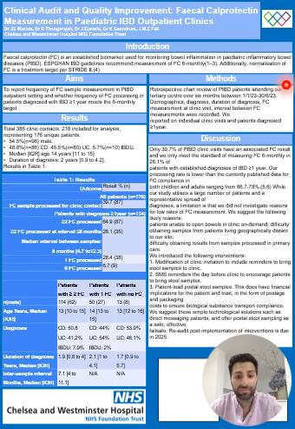So what did we do? We performed a retrospective chart review of calprotectin measurement rates in our IBD clinic in our London-based tertiary paediatric IBD service over a 6-month period. We obtained data on demographics, diagnosis, whether or not there was a documented plan to obtain a fecal calprotectin, and what the fecal calprotectin measurements were.